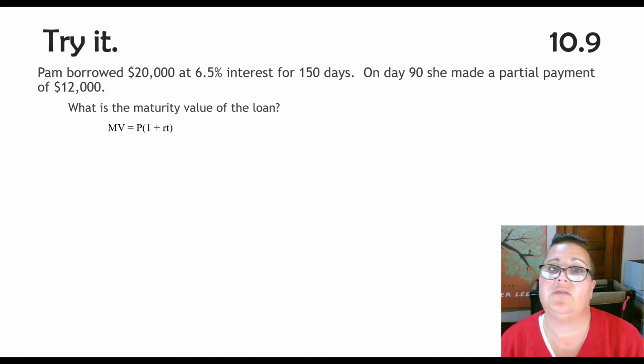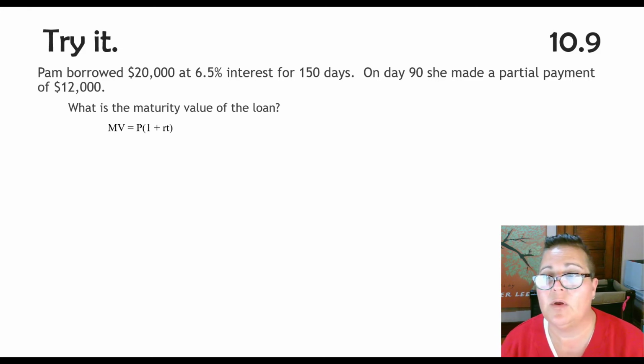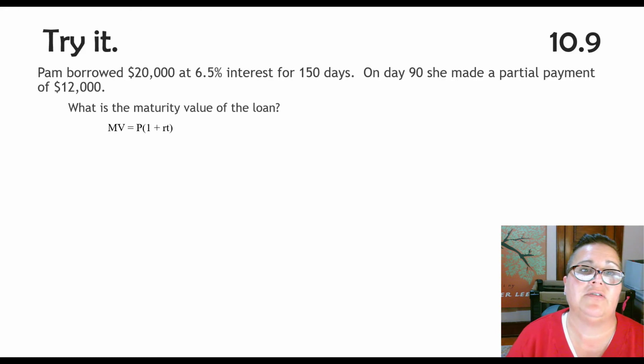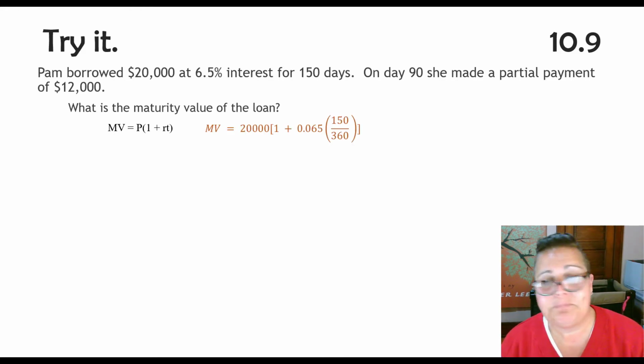Well, maturity value is a formula. Maturity value is P times 1 plus RT. The principal is $20,000. The interest rate, or R, is 6.5%. We'll put that in as a decimal. The time of the loan is 150 days out of 360. We've done this already. This is a review of a formula we've already dealt with.